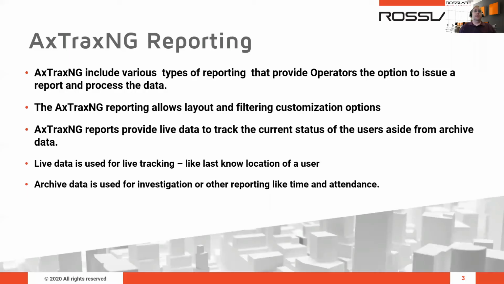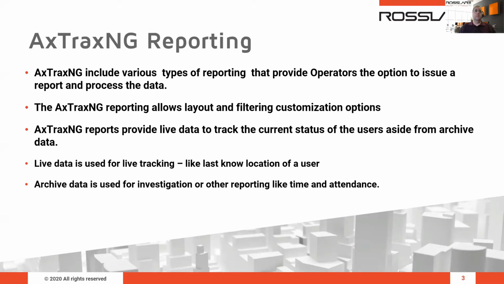What is AxTraxNG reporting? AxTraxNG, as an access control platform, provides you various types of reporting to give you the options to issue numerous data in various layouts and customization. Each report can be customized and filtered using special characters or options.